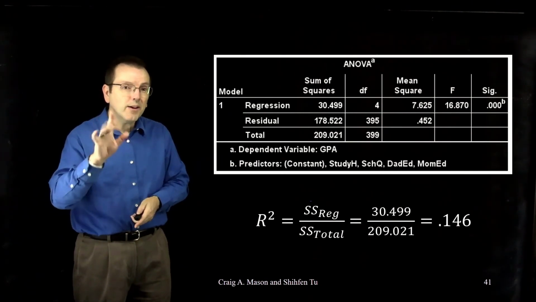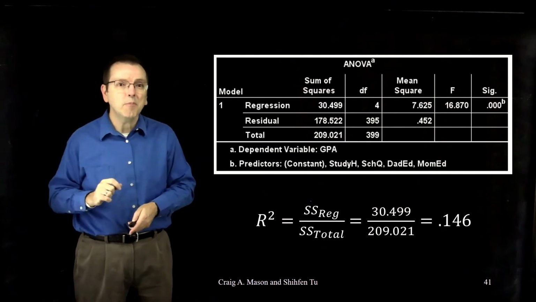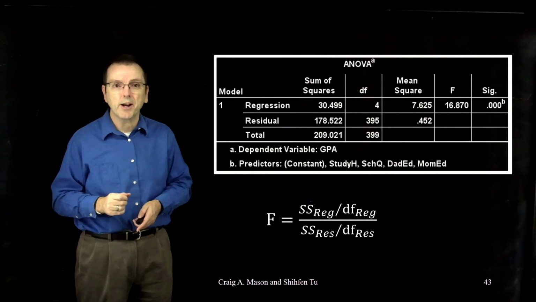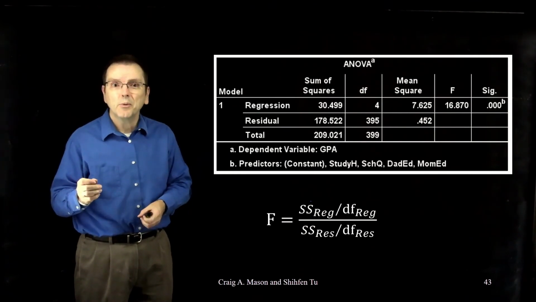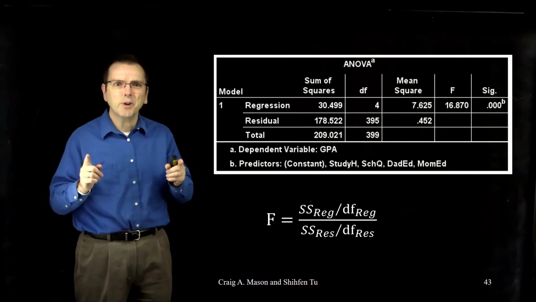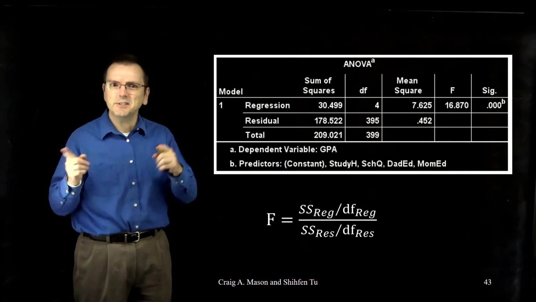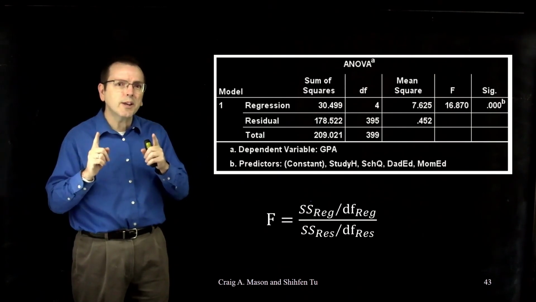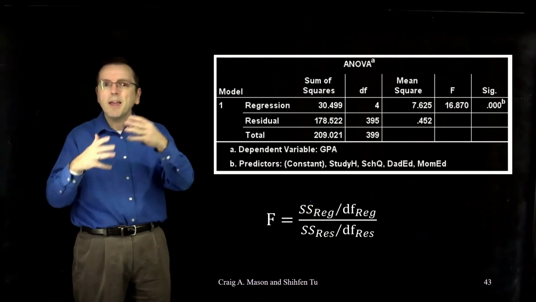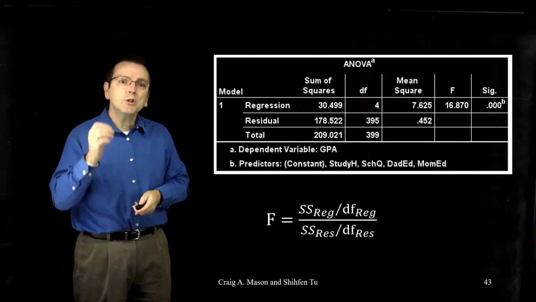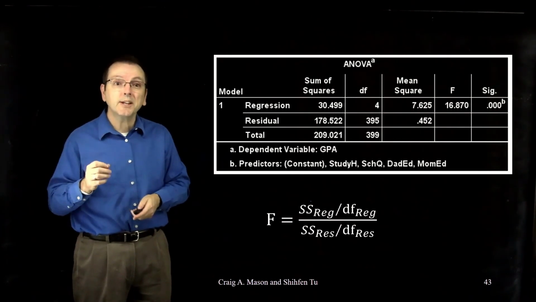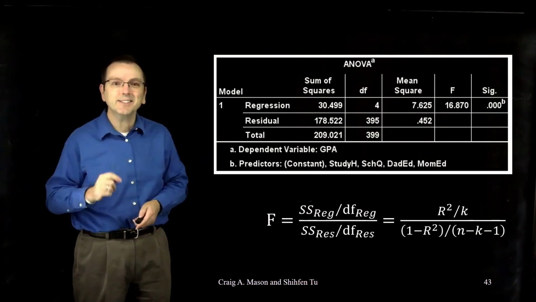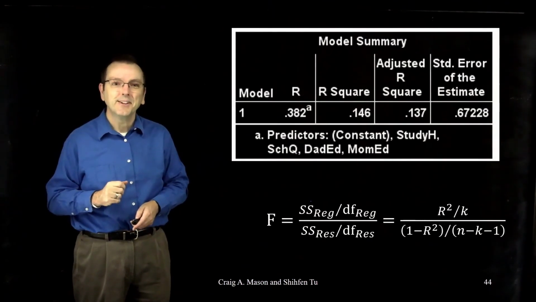But while we're here, we also just saw a minute ago that F is also related to the sum of squares regression and the sum of squares residual, which is just the difference between the total sum of squares and the sum of squares regression. So it may not surprise you that with a little bit of mathematical manipulation, you can show that it's also possible to calculate F based on R squared values. Let's take a quick look while we're here.